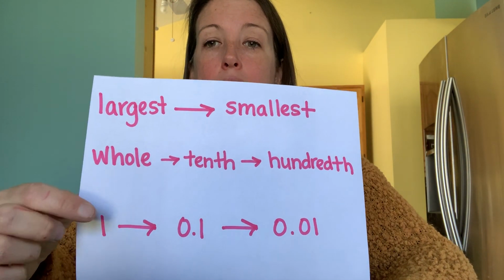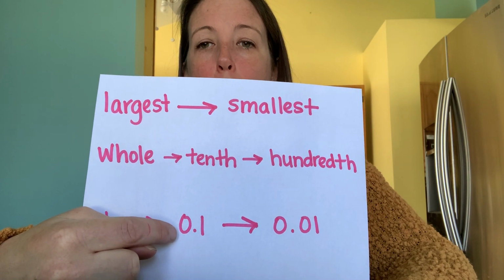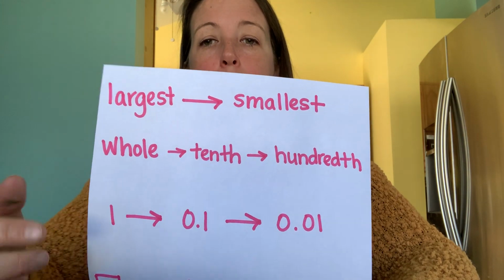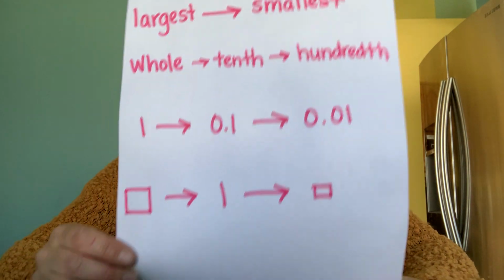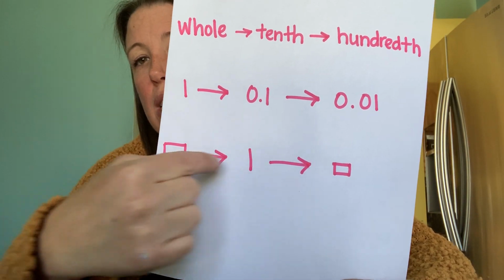If we look at it as a decimal, we have 1 whole. This decimal represents 1/10, and that decimal represents 1/100. And that would be a flat to a long to a cube, largest to smallest. Okay. So now we're going to look at some decimals and think about what numbers they represent.